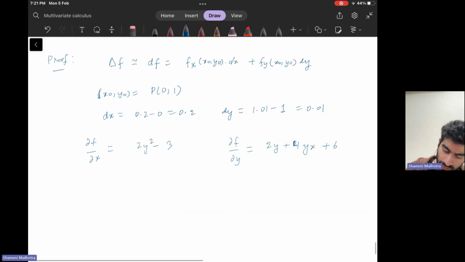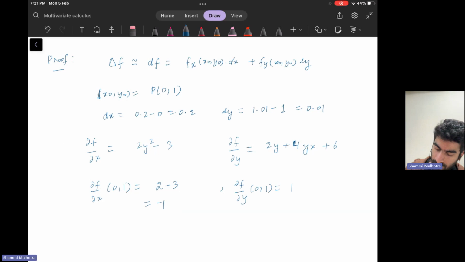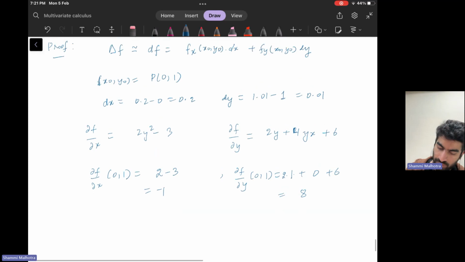We would like to find these values at (0, 1). So del f by del x at (0, 1) would be 2 minus 3, which is minus 1, and del f by del y at (0, 1) would be twice of 1 plus 0 plus 6. So this would be just 8.